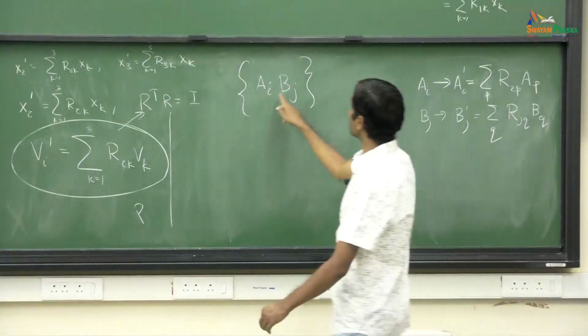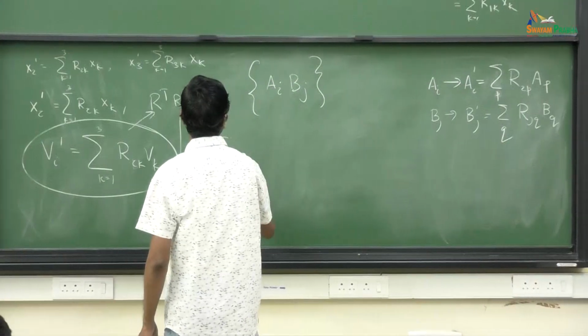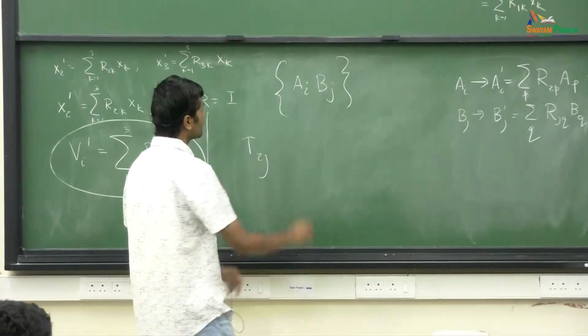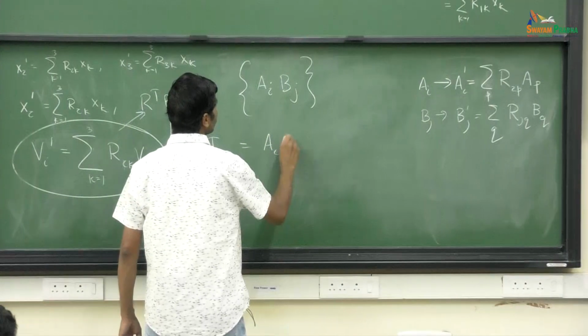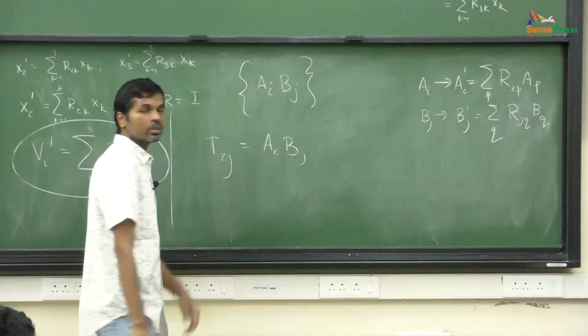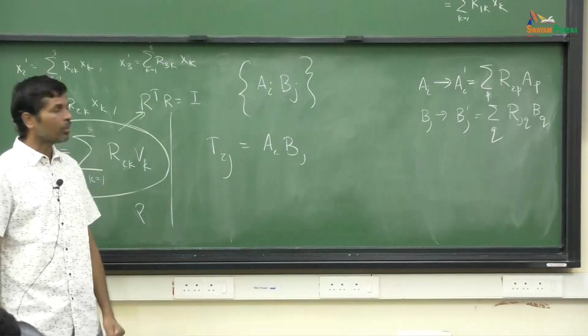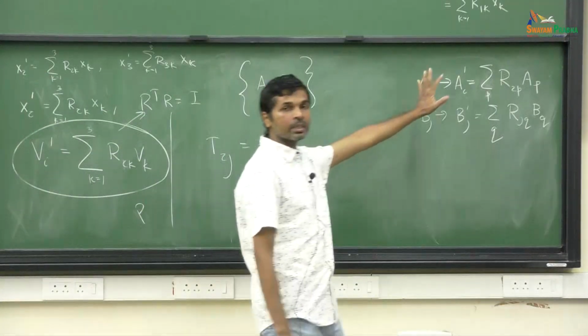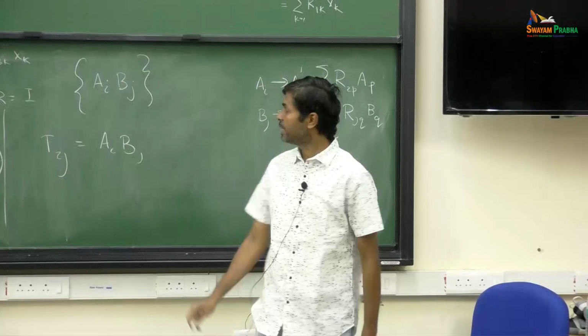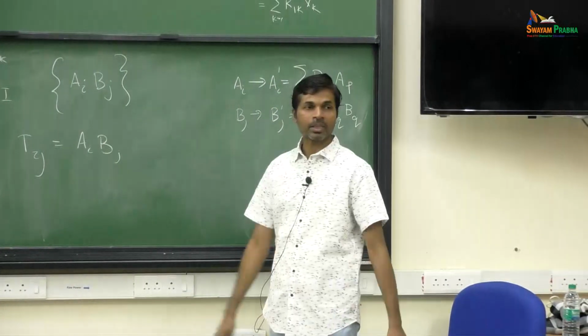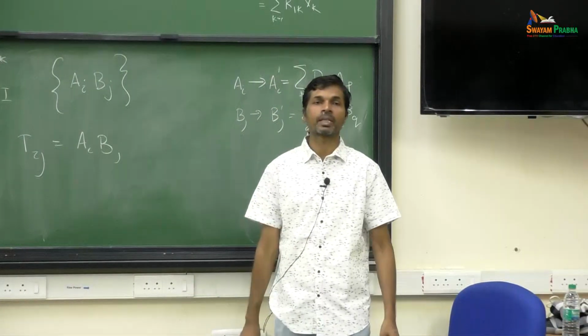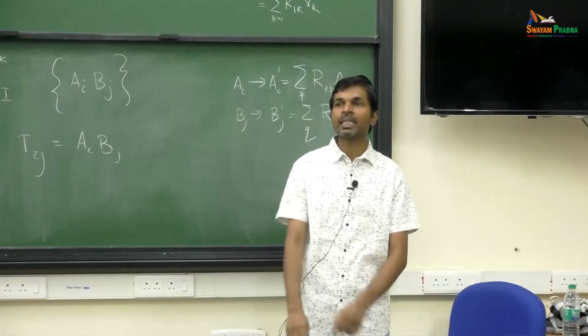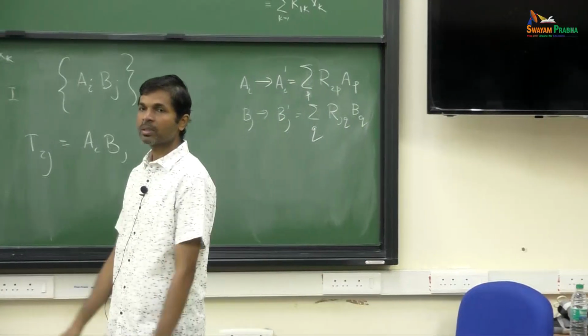Now suppose I call this some Tij, where Tij is equal to Ai Bj. So there are 9 such quantities. Now if you make a rotation, they will not transform this way. The transformation is more complicated, but it is still a nice transformation rule.